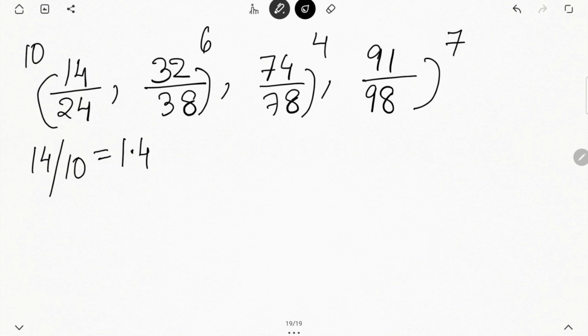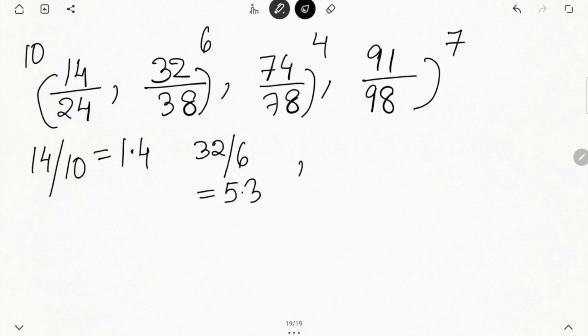In this case, I have to divide 32 by 6, and what I get after division is 5.3.